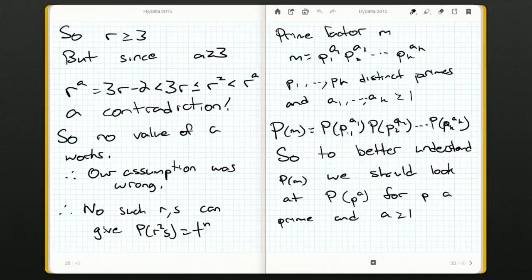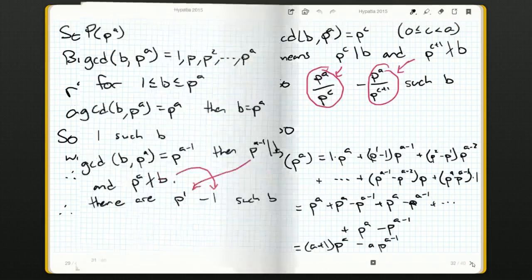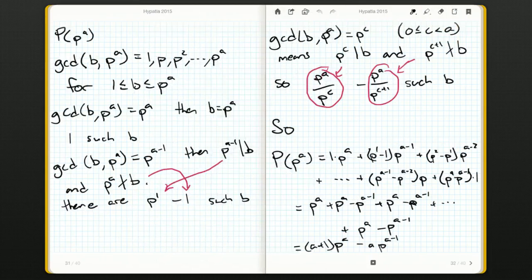So we prime factored it, and that allowed us to decompose P of m. And now we just needed to look at P of prime powers. Well, we did a little work, and we used what we knew from part A and part B to give us a general formula for P of prime powers.